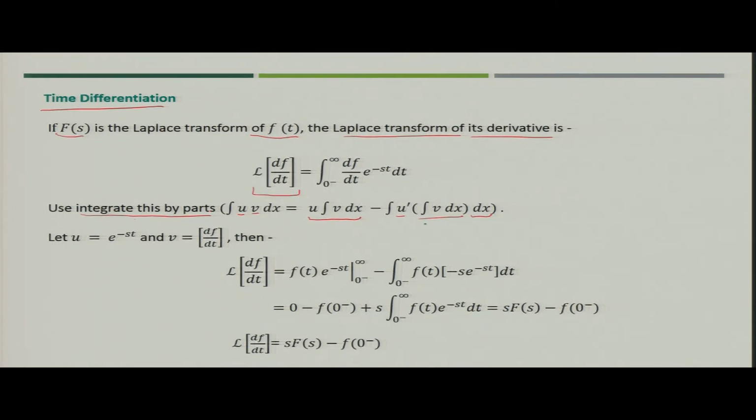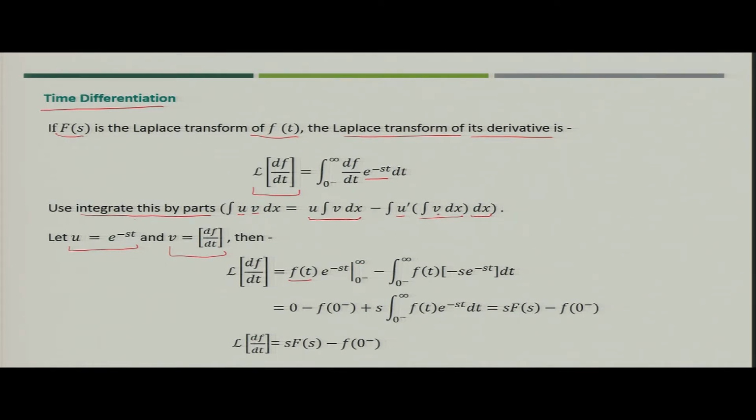The same property we will use for finding the integral of this particular equation. Here we will assume u is e to the power minus st and v is df by dt. Then the Laplace of df by dt can be given as follows. First, e to the power minus st stays out, and the integral of v dx simply becomes f(t), evaluated between 0 minus and infinity.